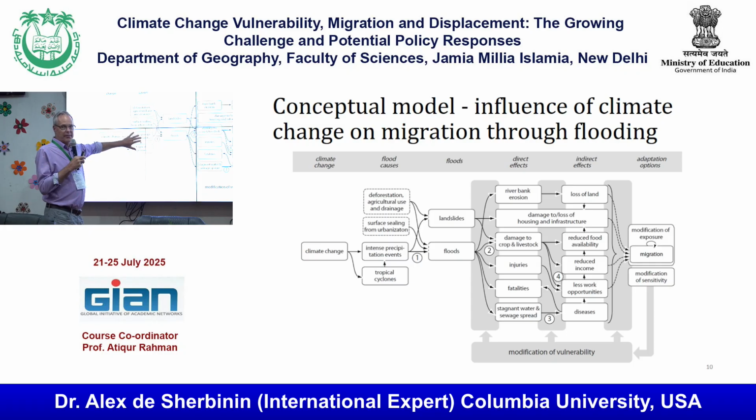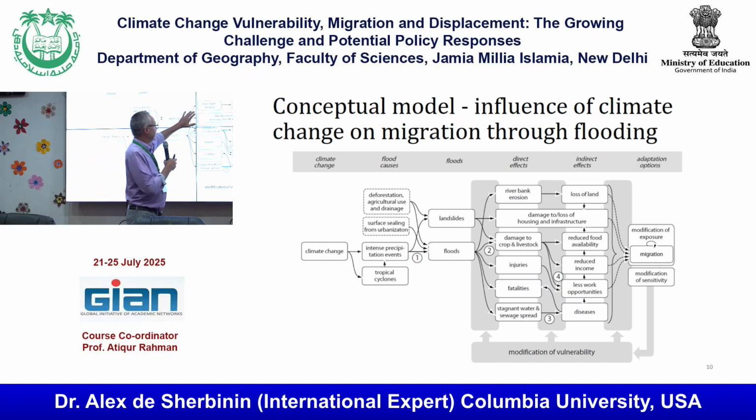These in and of themselves are not the hazard. The hazard comes when it actually interacts with the system, in this case, landslides in mountainous areas or floods in low-lying areas. And so this is not the hazard. It's just basically the climate parameter that happens, the change, the anomaly.